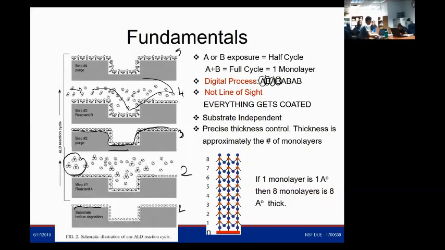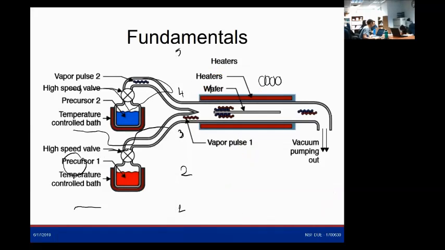Remember our earlier PECVD, sputtering, and evaporation. There was no way to deposit one atomic layer at a time. This is now extremely nicely controlled. If you would like to deposit, say, 8 layers, 8 individual atoms thick, you can do that. That's as controlled as this can get.